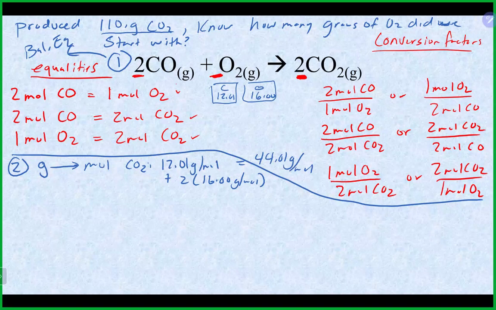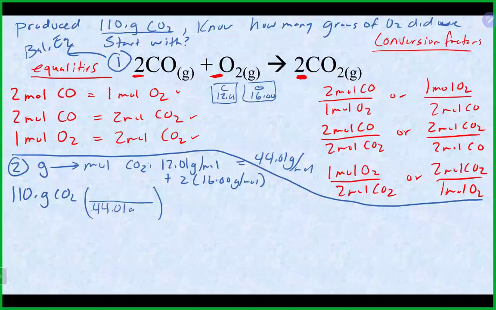So now that we have our conversion factor for molar mass, we could do our step number two, which is 110 grams of CO2. Opposites cancel, so we want the grams on the bottom: 44.01 grams per mole of CO2.